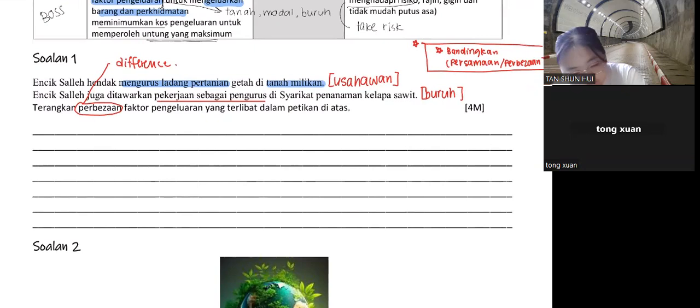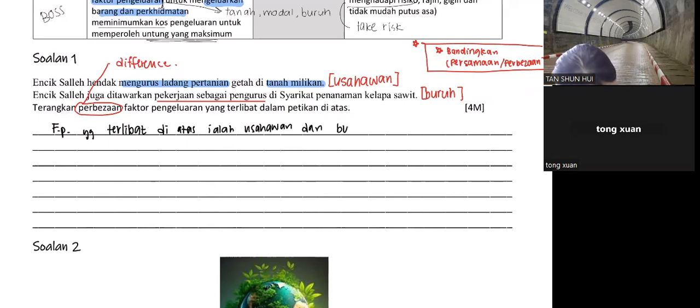You gotta say faktor pengeluaran yang terlibat di atas ialah usahawan dan buruh. Okay, so usahawan 1 mark, buruh 1 mark.